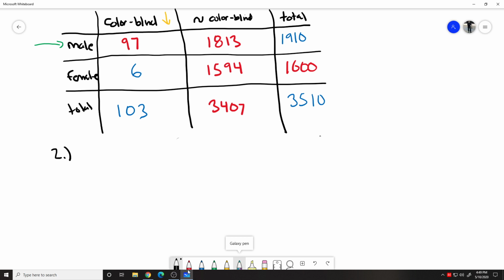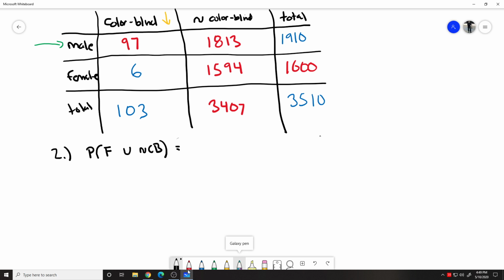What's the probability of being female or not colorblind?